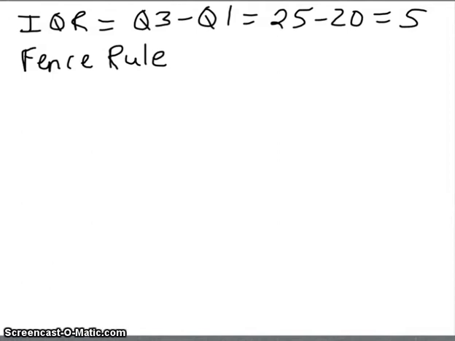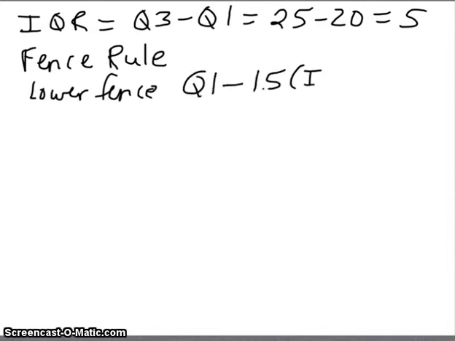So the lower fence would be Q1 minus 1.5 times the IQR, which in this case would be 20 minus 1.5 times 5. 1.5 times 5 is 7.5. 20 minus 7.5 is 12.5.